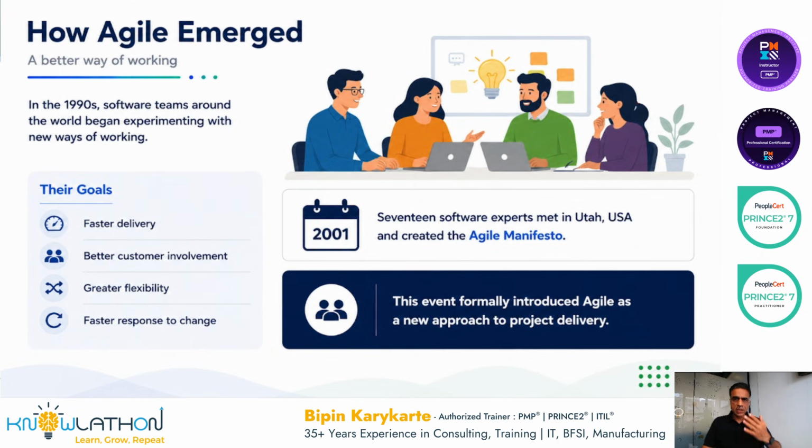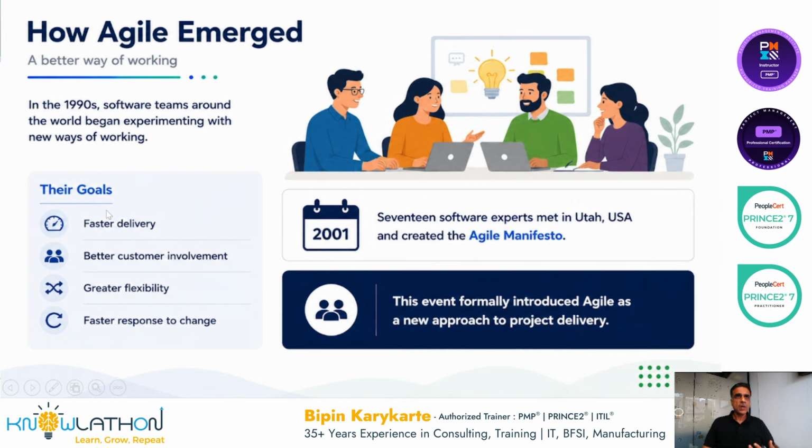There are many signatories who have signed up for that manifesto. This was the event which formally introduced Agile as a new approach to project delivery, and the goals were faster delivery, better customer involvement, greater flexibility, and faster response to change. All of these are the hallmark of the Agile methodology or Agile philosophy.